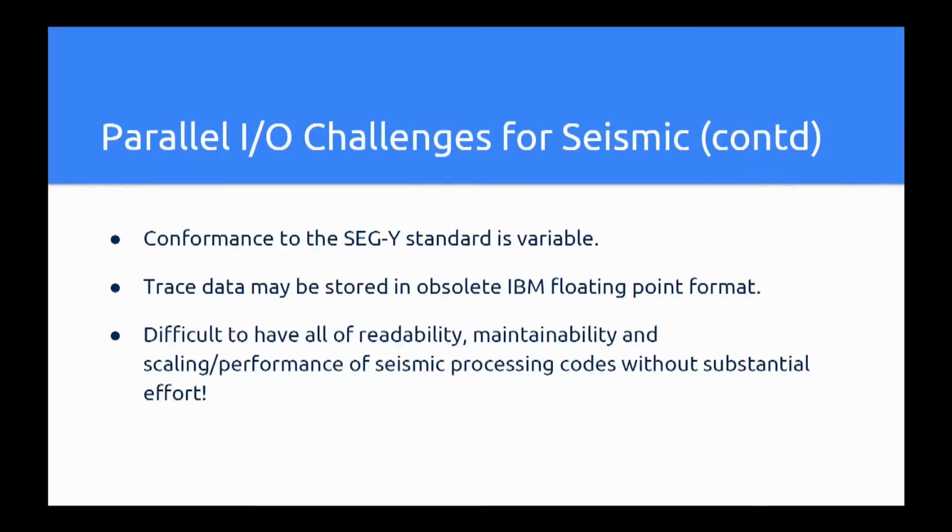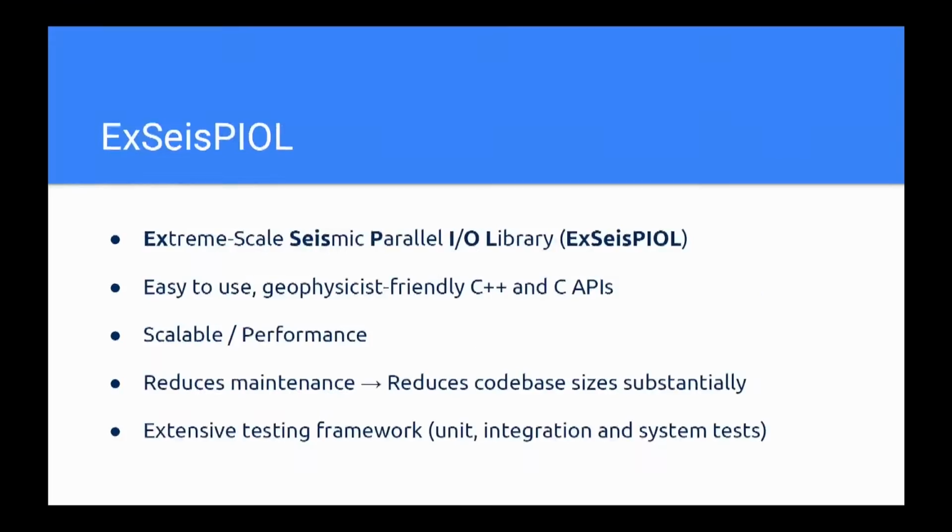issues that I/O faces. So we've been developing the ExSeisPIOL. It's the extreme scale seismic parallel I/O library. It's an easy-to-use, geophysicist-friendly library with C++ and C APIs, with a Python API planned as well. It provides scalability and performance with a very friendly API.